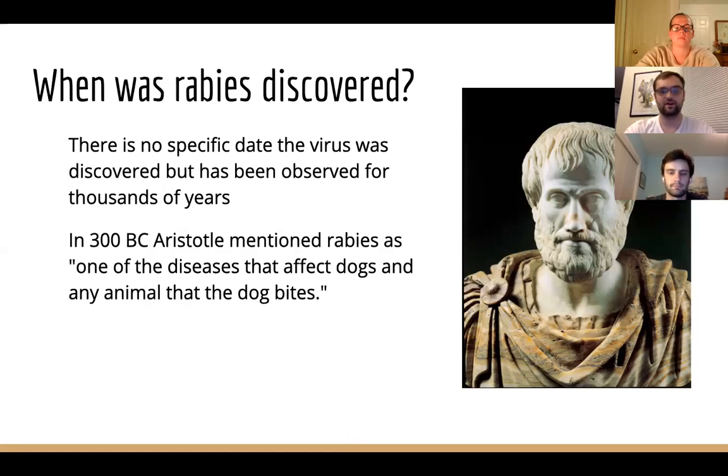It has been observed for thousands of years. Aristotle eventually spoke about it in 300 BC, and he noticed that it was one of the diseases that would affect dogs and other animals or people that the dog would eventually bite.